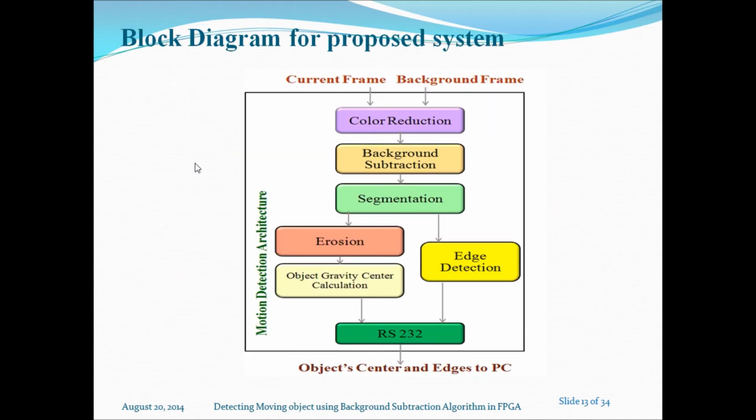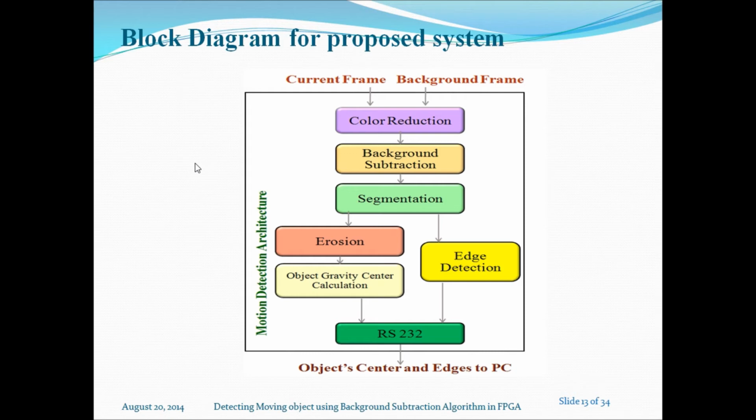Proposed system. Here you can see the block diagram of the proposed work. As discussed earlier, the current frame and background frame are first converted into grayscale and then the background subtraction algorithm is performed, which results in a difference image. This image is then segmented by applying thresholding.